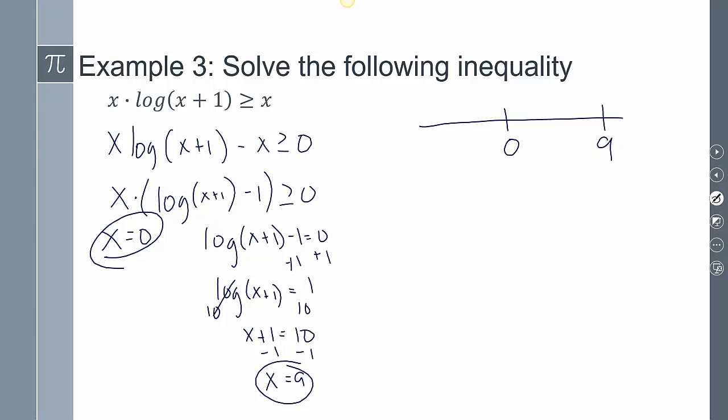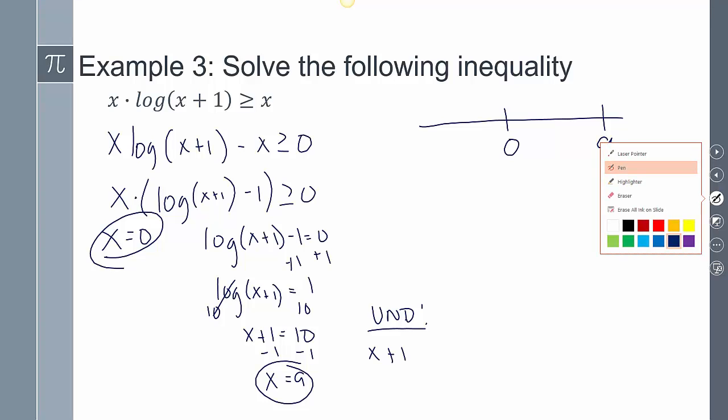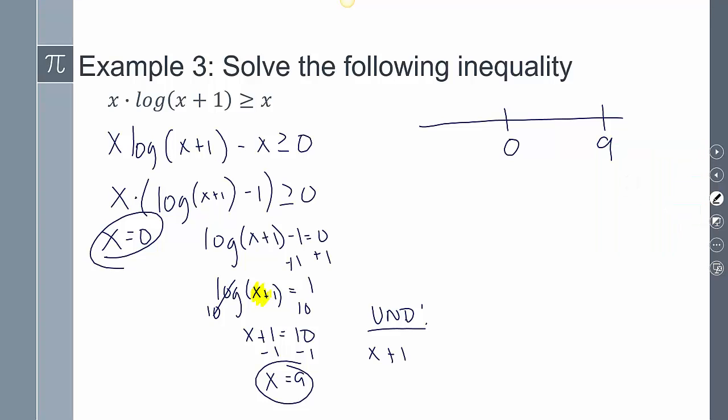Now the other little thing that I have to examine is my domain. And so my undefined values, this x plus 1, whatever's inside of the log here, has to be greater than 0. So if I subtract 1, x has to be greater than negative 1.